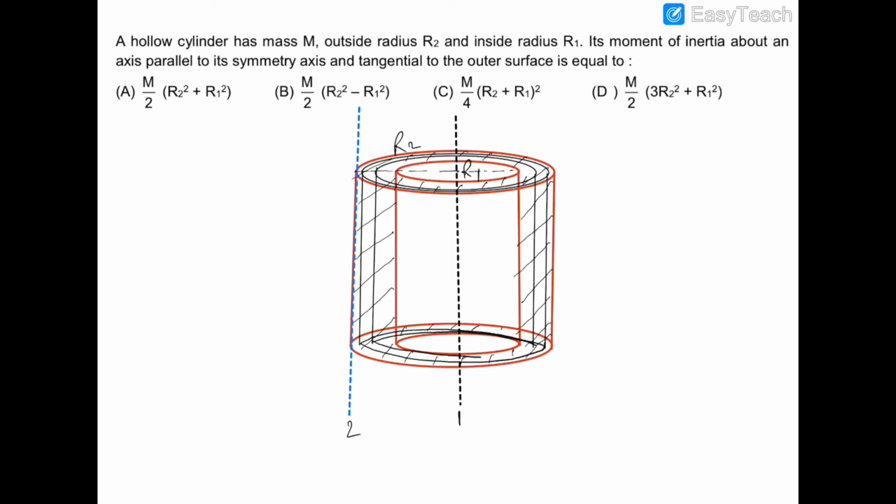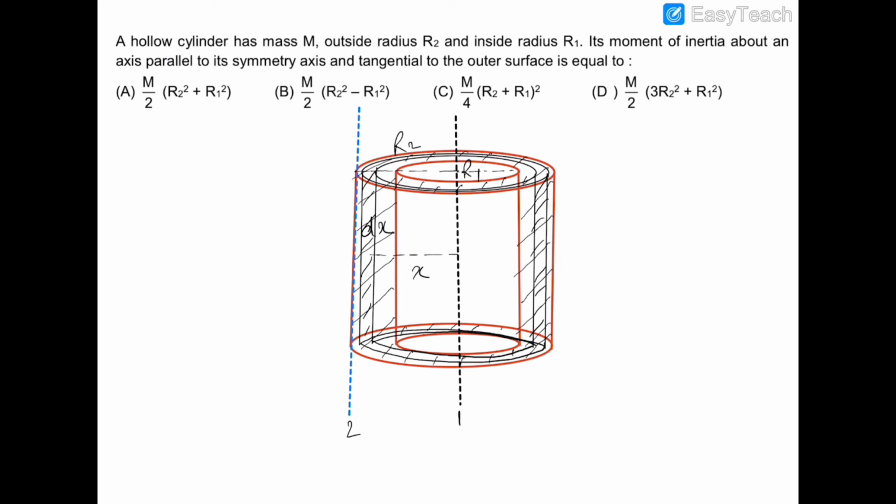So this is the cylinder, and this cylinder has a radius of x and width of dx. So we have considered an element like that, and this is an elemental cylinder. So first of all, let us find out the mass of this cylinder.